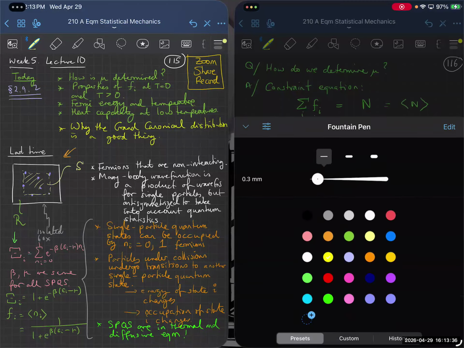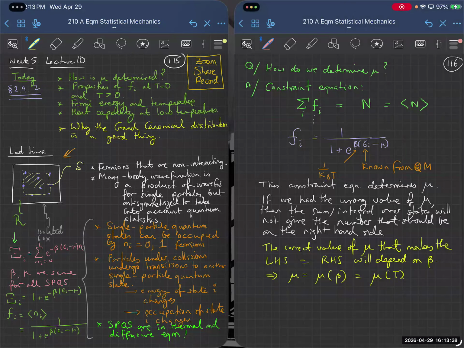Okay, so now let's look at what f_i looks like. The next thing we're going to do is examine the functional form of the Fermi-Dirac distribution.